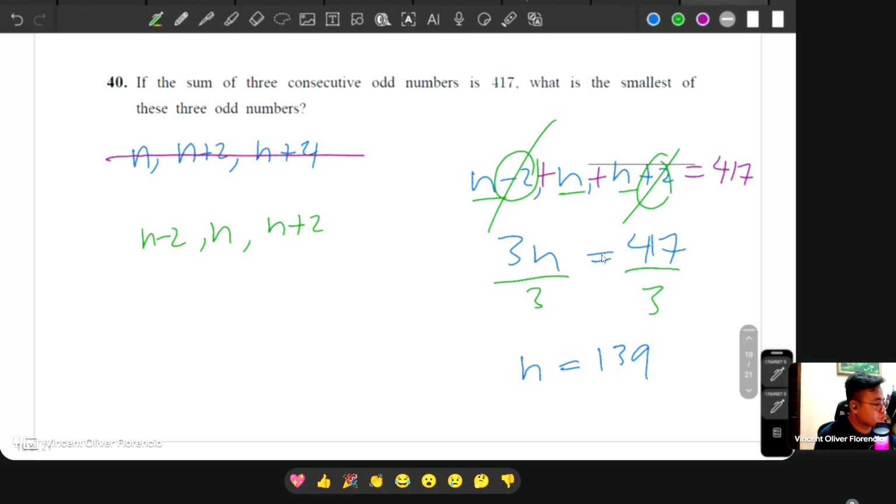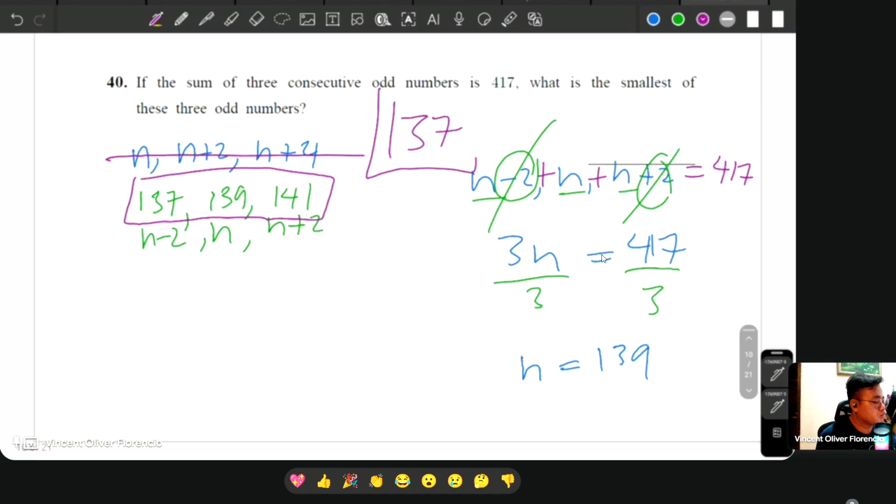If n is 139, it means this is 141 and this is 137. Now the smallest should be 137. Are you very good here?